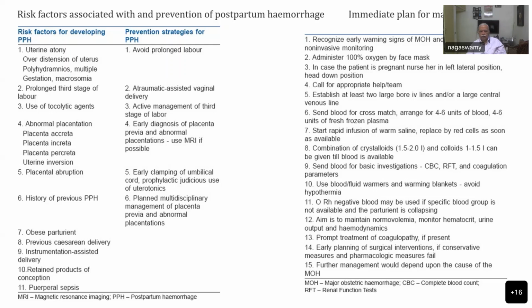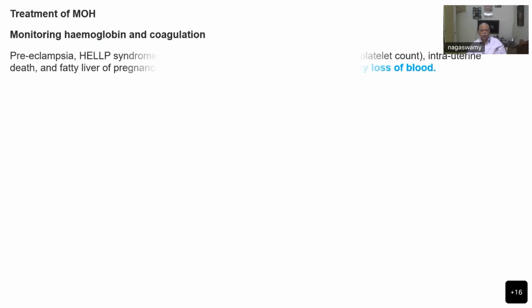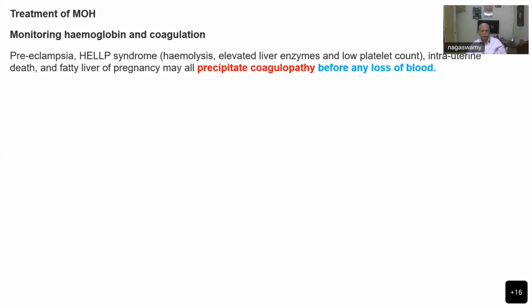Early planning of surgical intervention and conservative measures. Further management depends upon the cause of hemorrhage. So treatment, monitoring hemoglobin and coagulation. These are the two important things that you have to remember. Preeclampsia, HELLP syndrome, all these things are causes which can precipitate coagulopathy.